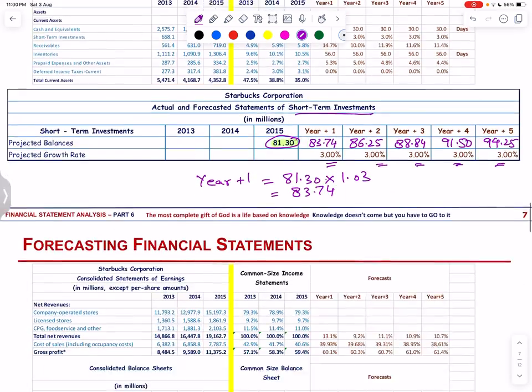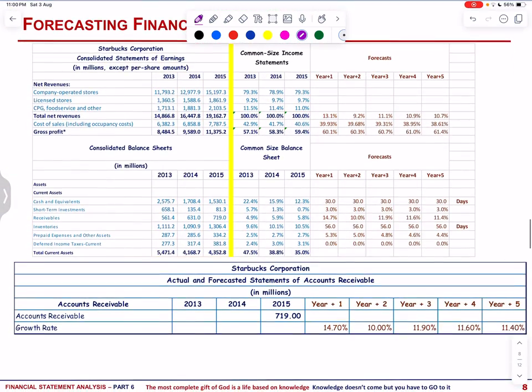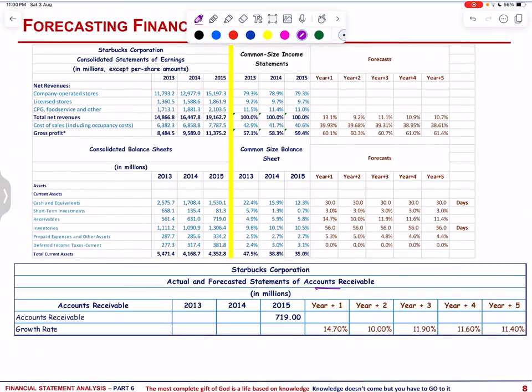Next, let us see how to project the accounts receivables for the next 5 years for Starbucks. Once again, we can see the accounts receivable is given as 719 over here, and we simply pick up from the consolidated balance sheet for the year 2015, and that is 719. Now these growth rates are given to us.